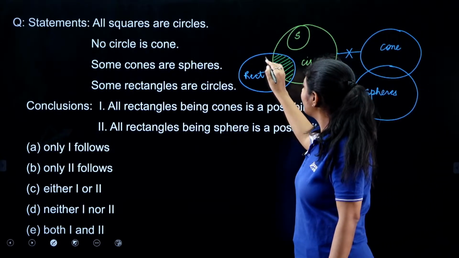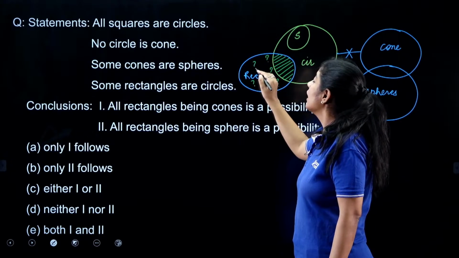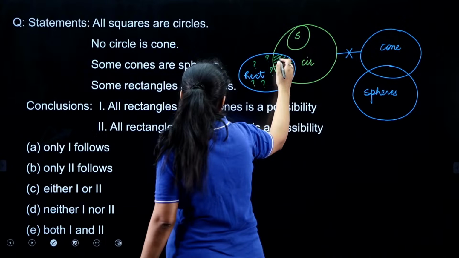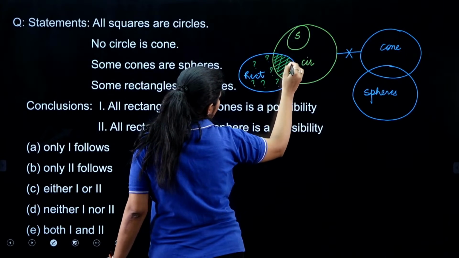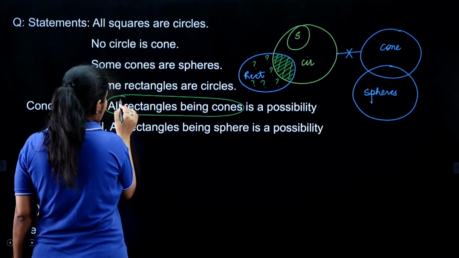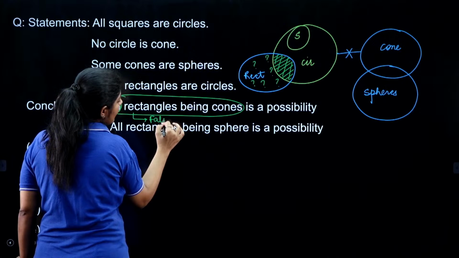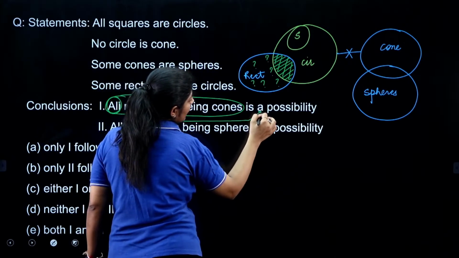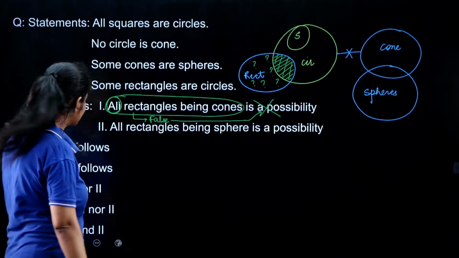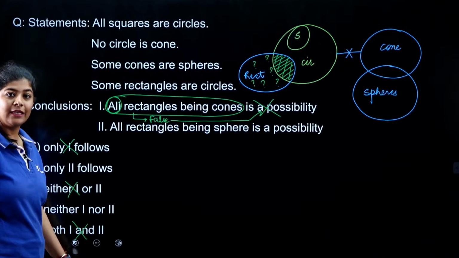We are not sure about the rest of the rectangle which is not connected with the circle, but we are sure about this part. So if I check this segment, because of the word all, this will lie in the category of false, and whenever we have something false in a possibility, that possibility is eliminated or considered false. So option number A, C and E are eliminated.